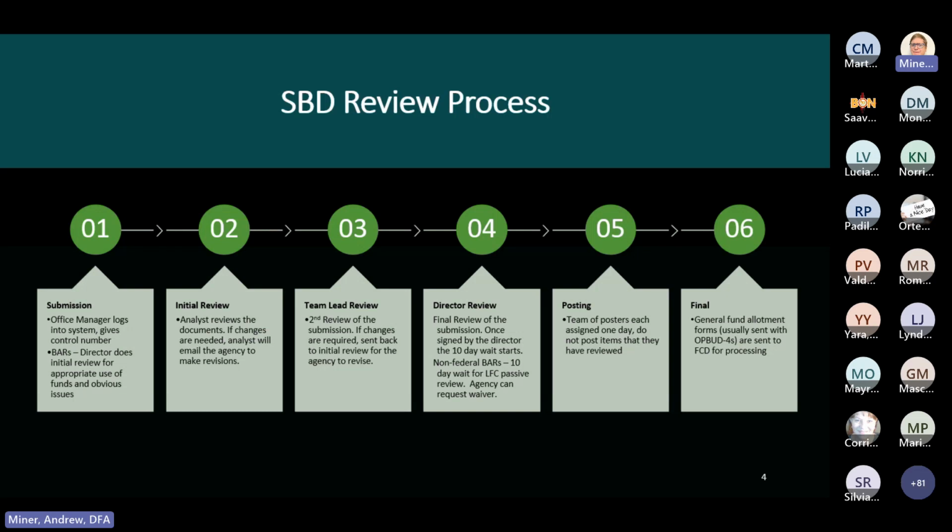If it's a BAR, a budget adjustment request, the director, that's me, does an initial review for appropriate use of funds and obvious issues. I'm going to look at the narrative. I'm going to make sure that what the agency is doing makes sense and is allowed. And obvious issues, mainly the statutory authority. This is one that I look at a lot when I do my initial review.